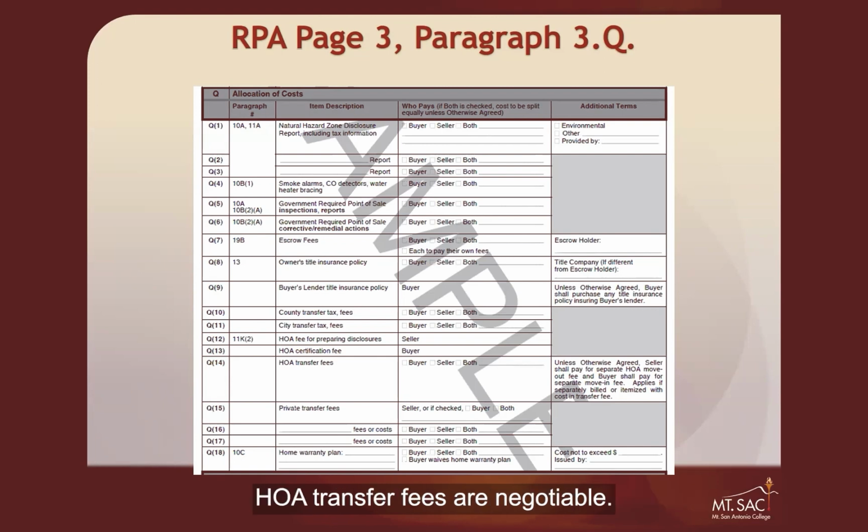HOA transfer fees are negotiable. Private transfer fees are negotiable. And then Q16, Q17, any other fees, negotiable there. And if you're going to have a home warranty plan, could negotiate that. Again, if you've got an older property, you may want to ask seller to pay for a home warranty plan. Newer properties, maybe not so much.